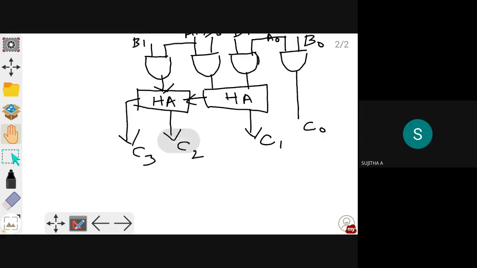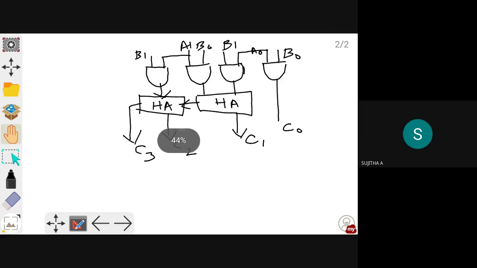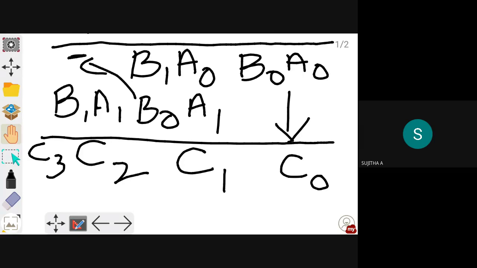So this is the design of a multiplier for 2-bit numbers. Multiplying a 2-bit by a 2-bit number will give you this design. Multiplication is normal multiplication, decimal multiplication, whatever step you do, that you do. Your first output will be directly obtained from the AND output, that is C naught.